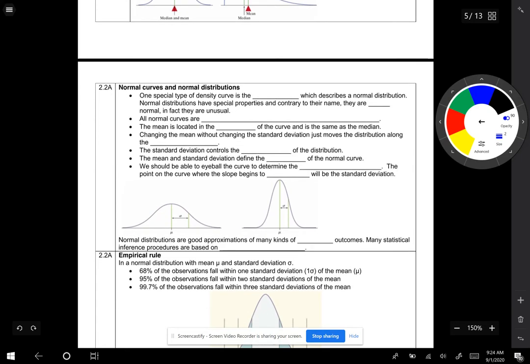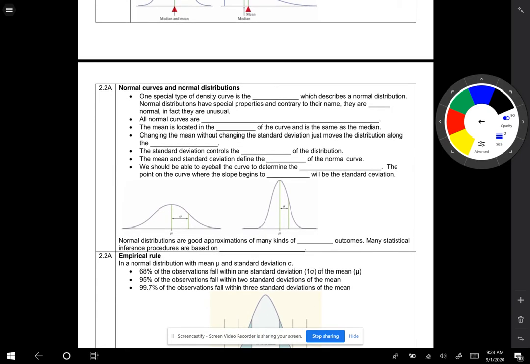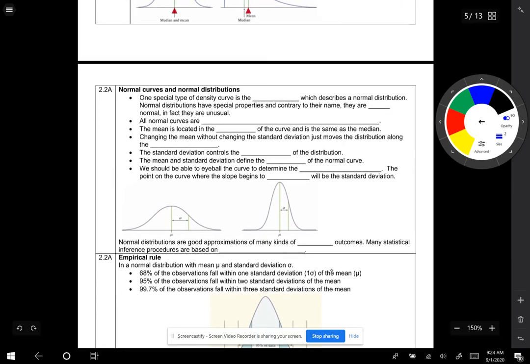Okay, one special type of density curve is what is called the Normal curve. I capitalized Normal to show that it indeed is a special type of curve, which describes a normal distribution. Normal distributions have special properties, and contrary to their name, they are not normal. In fact, they are unusual.